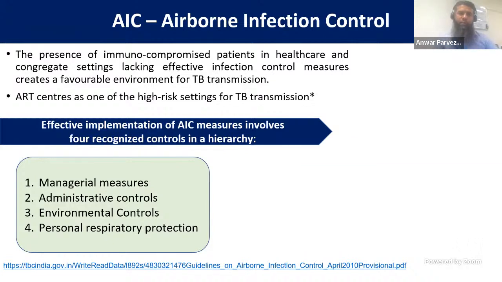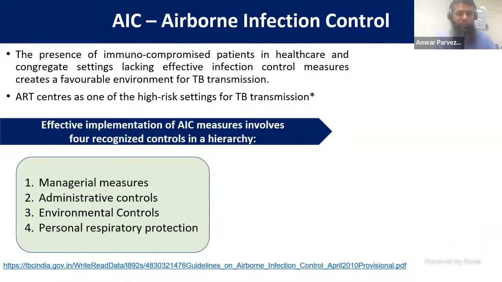Take simple steps at the ART center, have table fans, have windows open, don't block the airflow, and also do some local adjustments within the seating arrangements, which may help free flow of air.